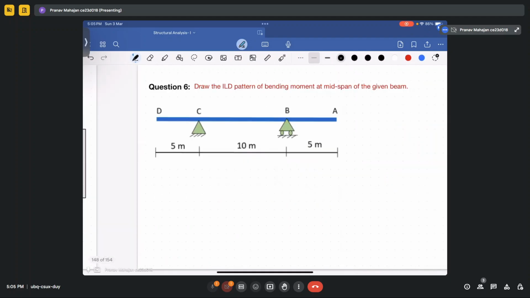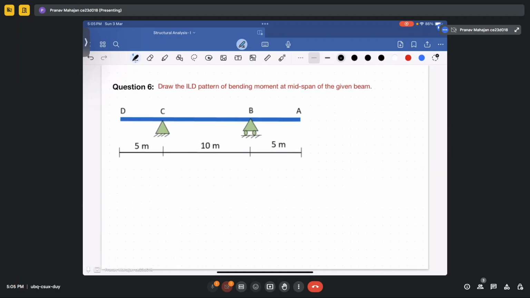Now let's move to another question in which you have to calculate the ILD for the bending moment at the midspan of the given beam. So to calculate the ILD at the midspan, how will you do that?